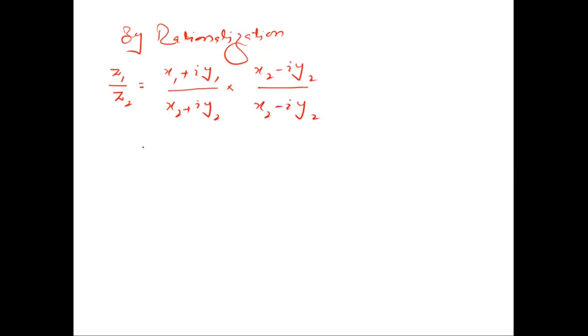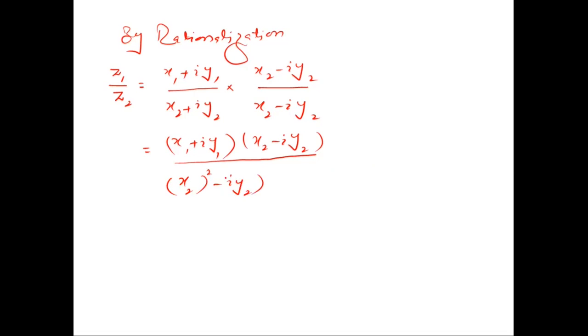So boys, right here, x1 plus iota y1 multiplied by x2 minus iota y2, divided by, you can see a plus b into a minus b, we have the formula a square minus b square. So take x2 whole square minus iota y2 whole square.